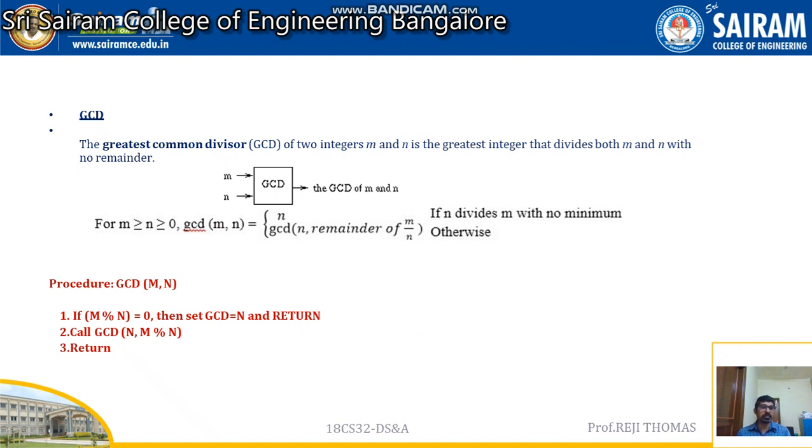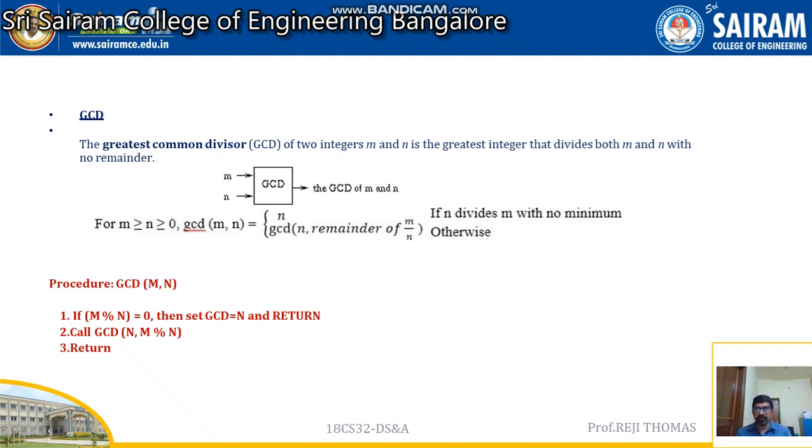That is going to be the remainder. So please be very careful with this. Let me repeat. 3 modulus 4 will give you 3. 4 modulus 3 will give you 1. Am I clear? Yeah. So let us see the procedure for that.